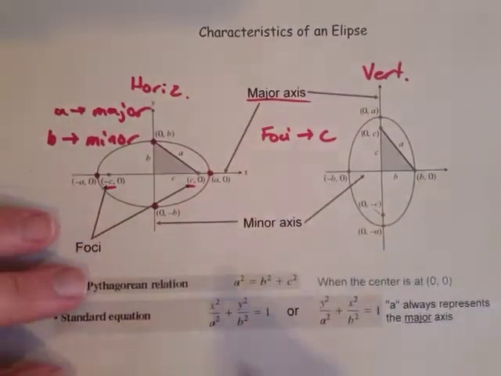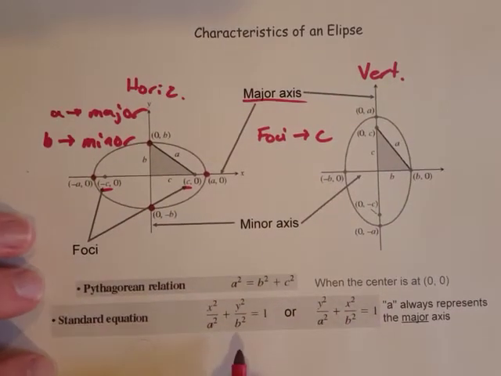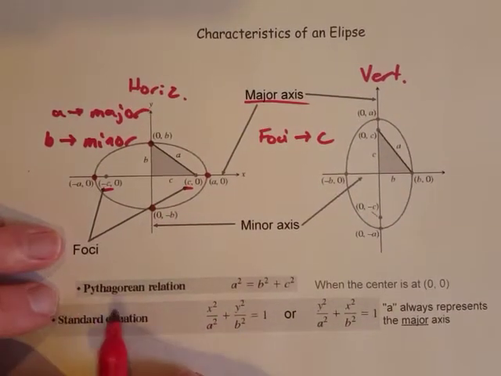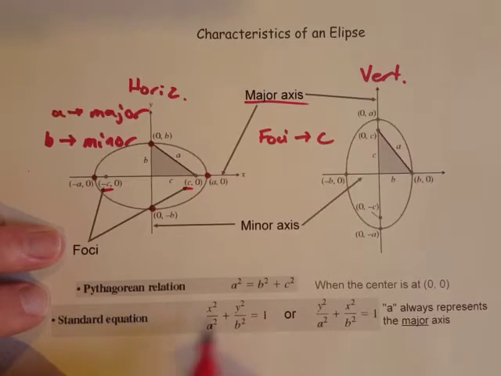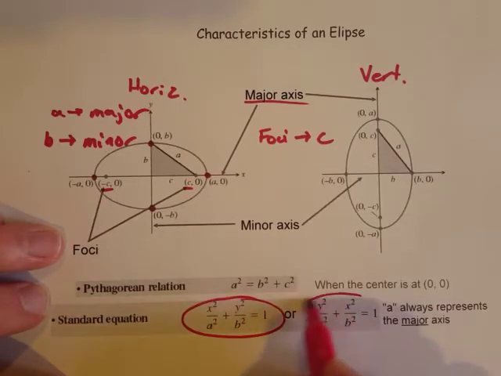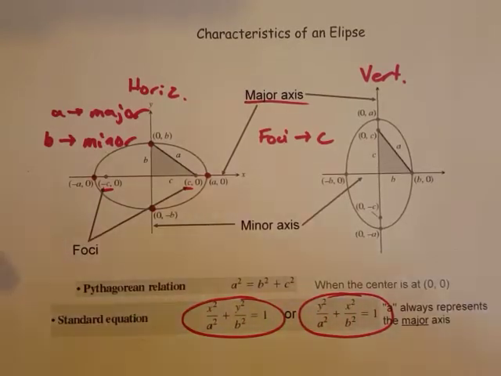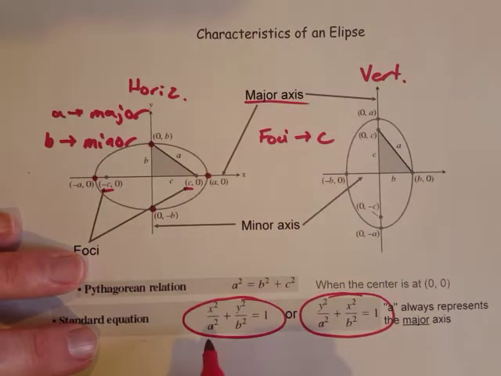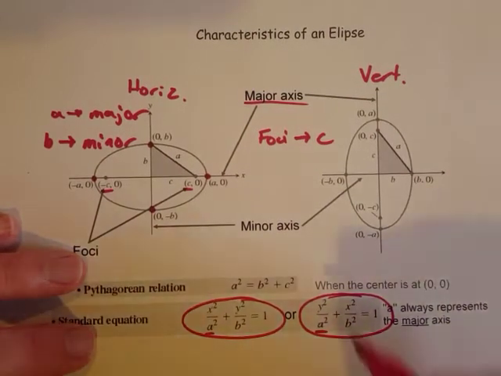Now down below here we have all the equations that are going to be really important for us as we find things with ellipses. First of all, there are the standard equations. Here's one of them, here's another one. It depends on which one we're talking about. So notice that A is underneath x for this one, A is underneath y for this one.